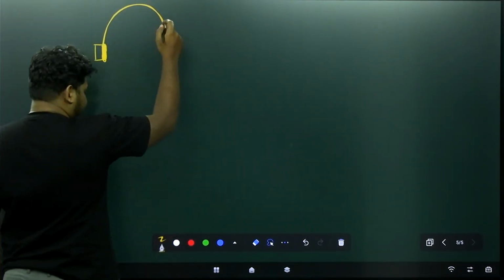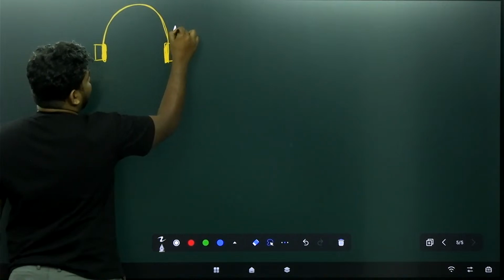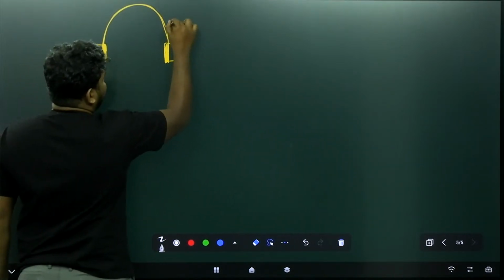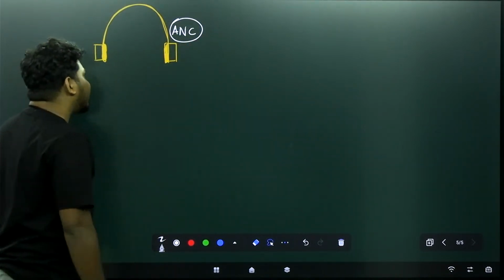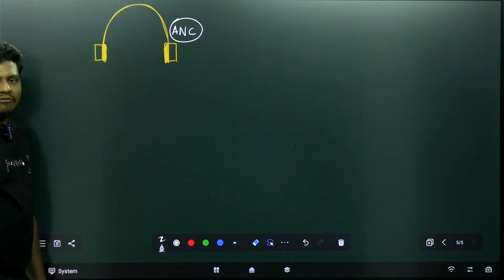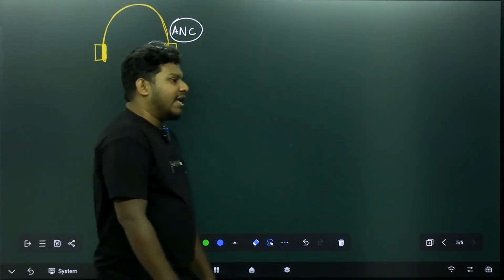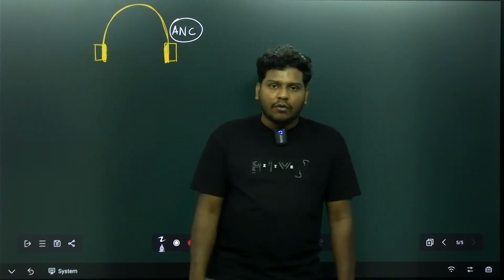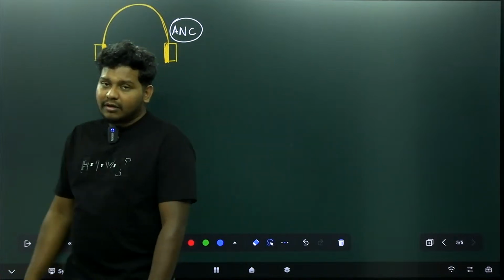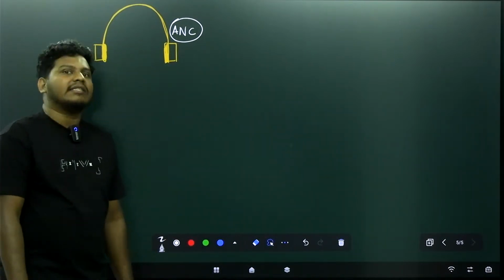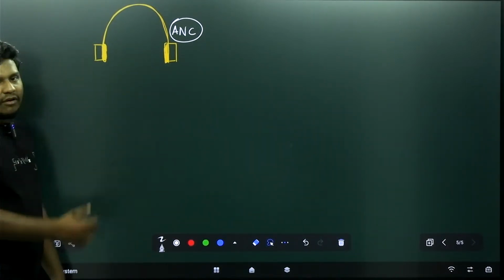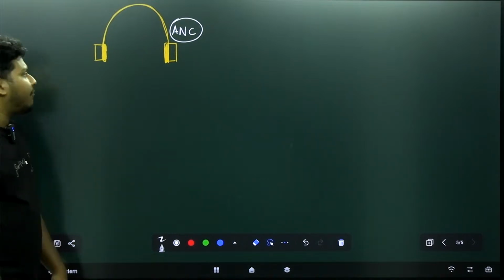You can see the logo ANC. In AirPods also, you can see the word ANC. What is ANC? ANC is active noise cancellation. What is the meaning of that? That's very simple.